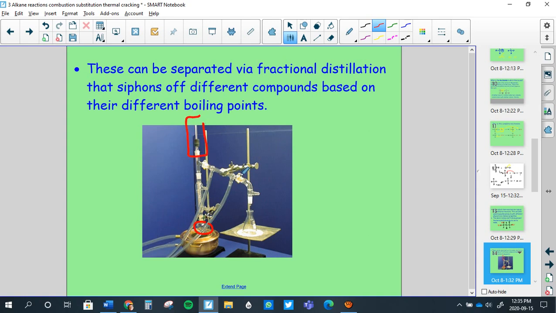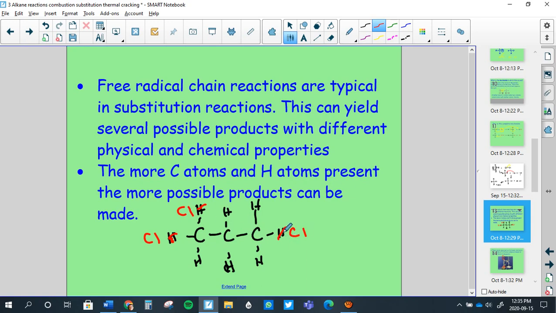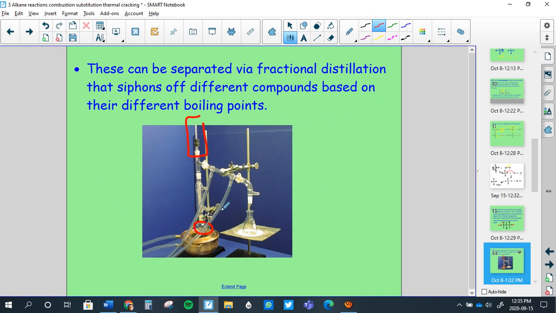So if you're looking for a specific compound, let's say you only want one chlorine attached to this propane, that has a specific boiling point. So you heat it up to that boiling point itself, getting rid of everything else that came before it. If anything else boiled before that certain temperature, that can be boiled away, condensed away, and then you're just going to focus on that one substance you want.